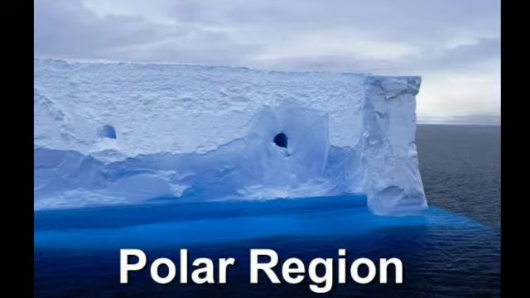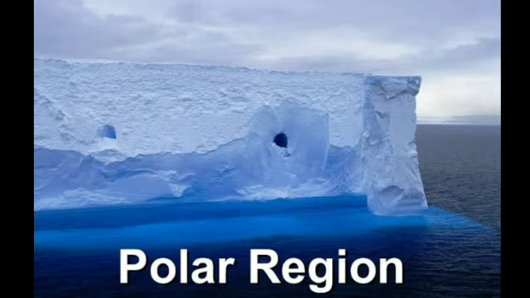It is very cold over here because the temperature is always 0 degree or below throughout the year. Now see, here in the polar region, the temperature is low and the pressure is high. Okay, here the heat is less and the air pressure is high. Meaning the air is very cool, that's why it is the polar region.